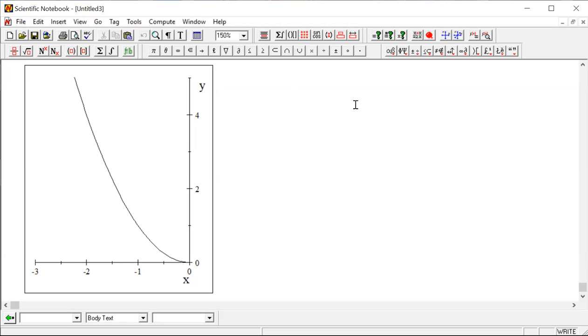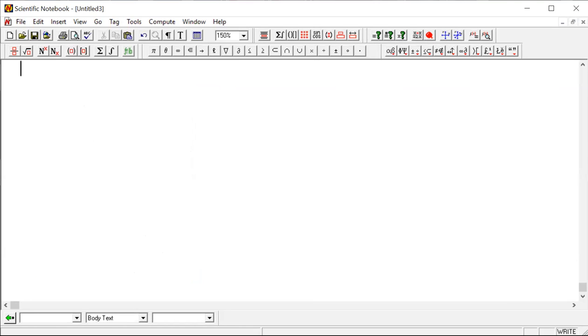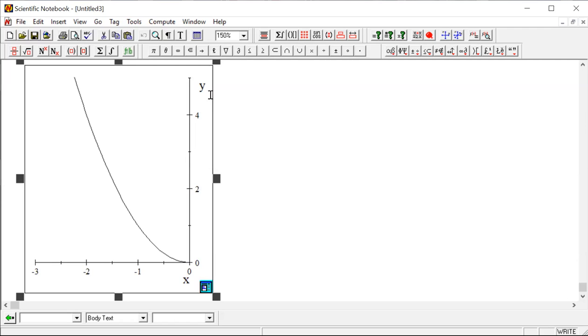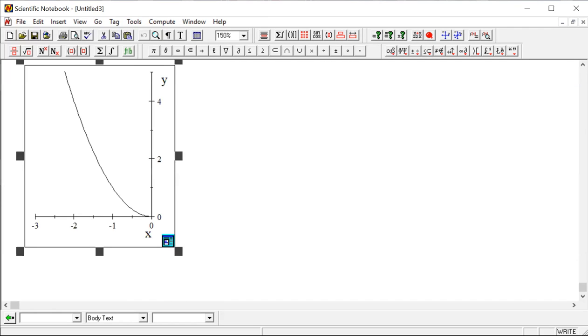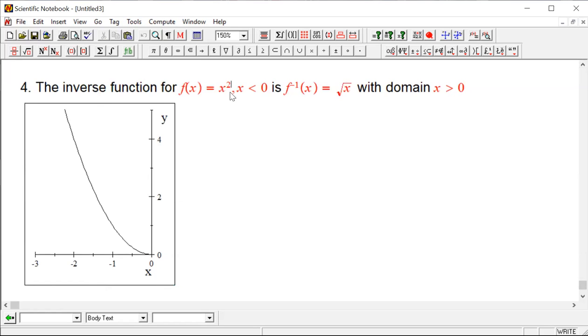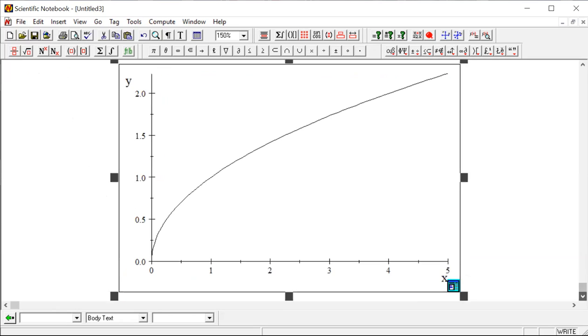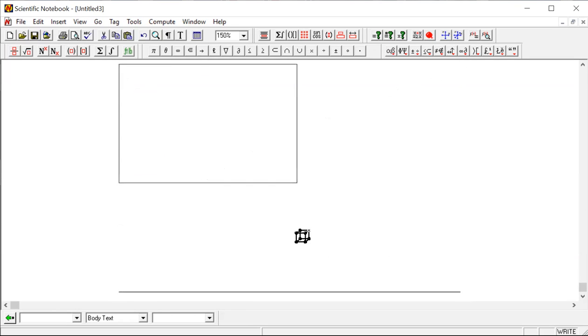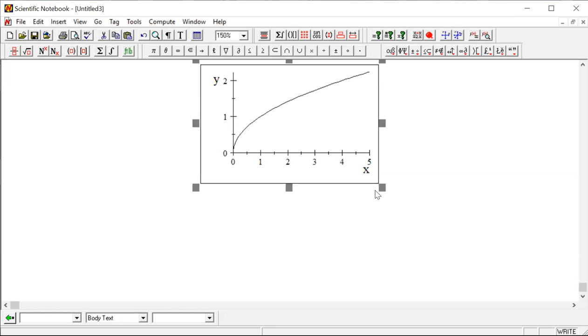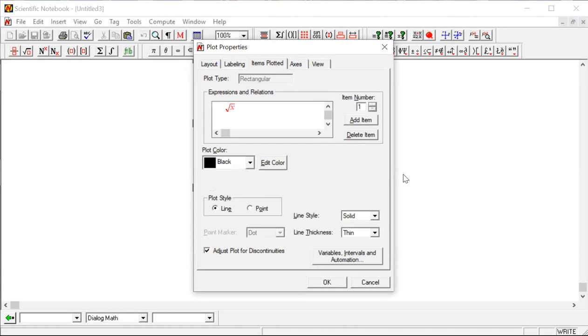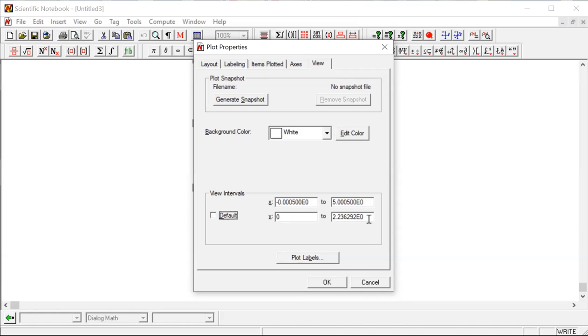Now, how about the other function? I'm going to graph the other function, square root of x, right there. The view should be decent.